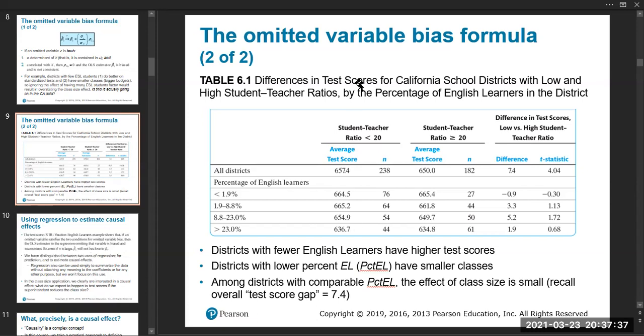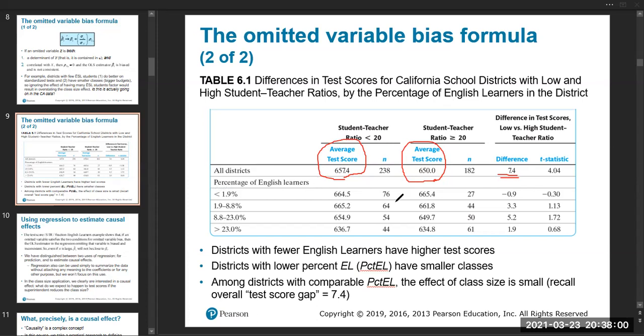If you look at the large sample, small class average is 657, large class is 650. So large class did 7.4 points poorer. However, now we want to include English learners.